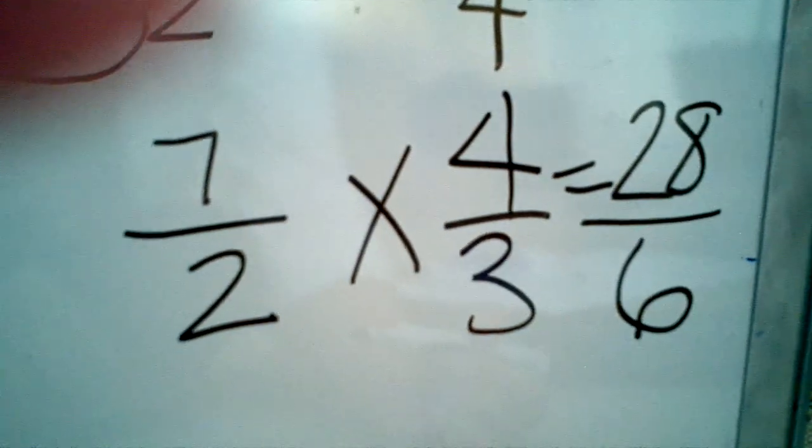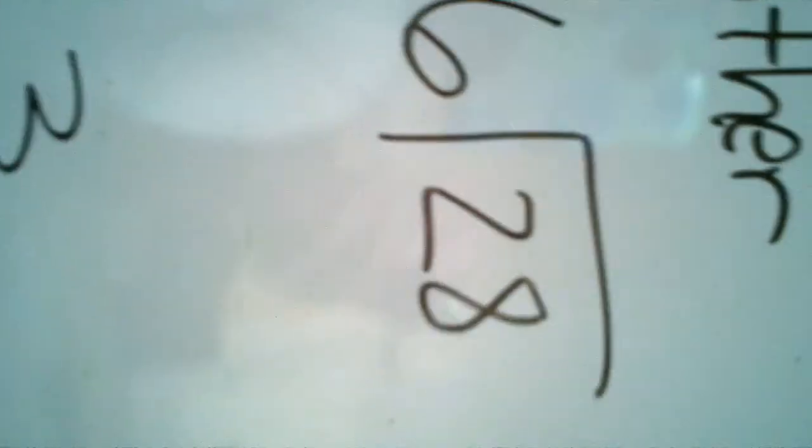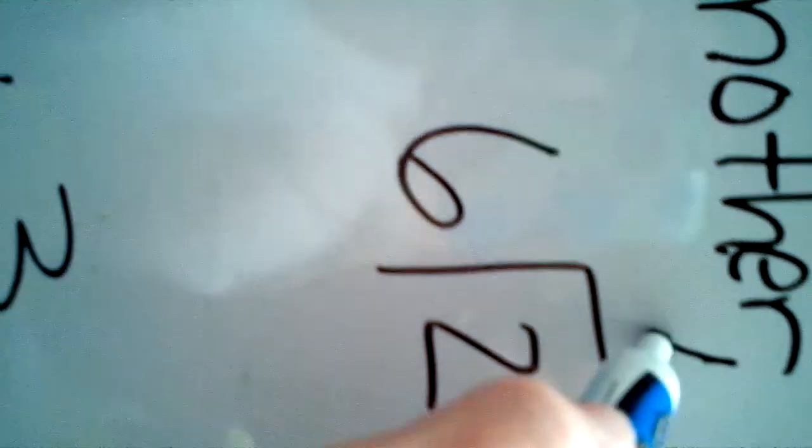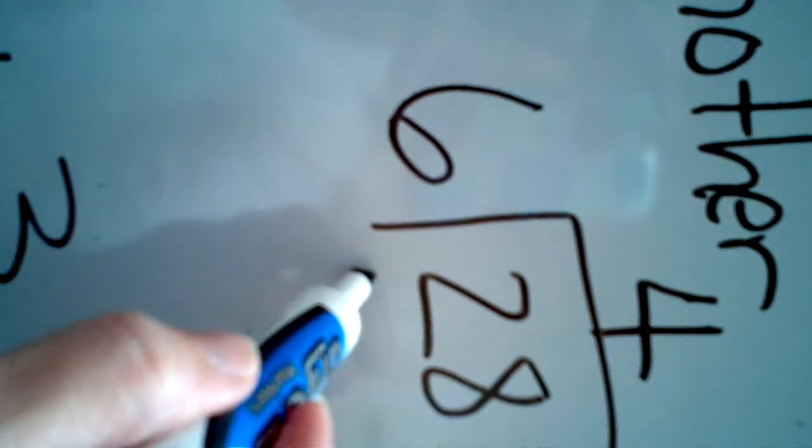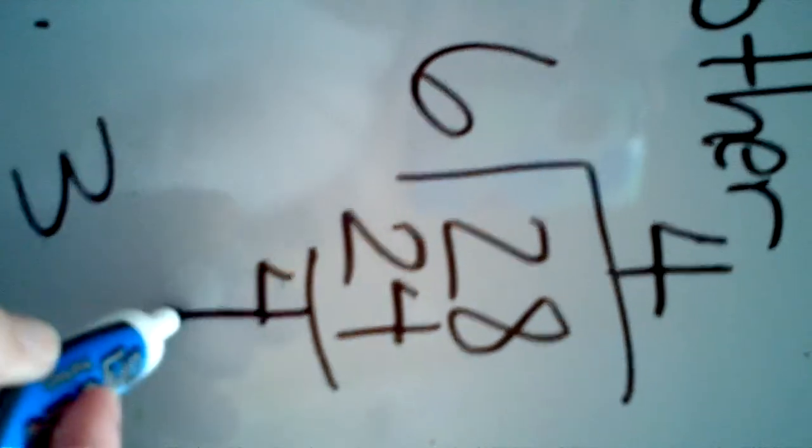Now I have to do the math here, and I have to say, how many times will 6 go into 28? It will go 4 whole times, with a remainder of 4.